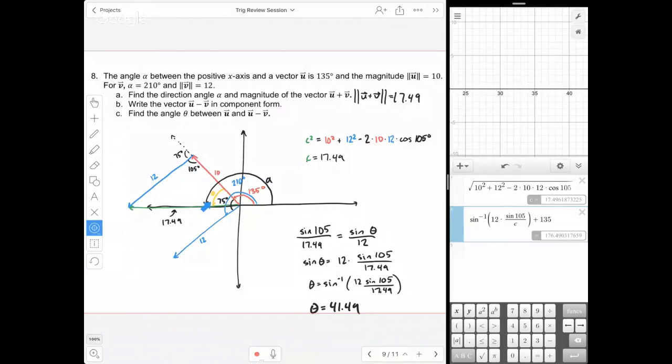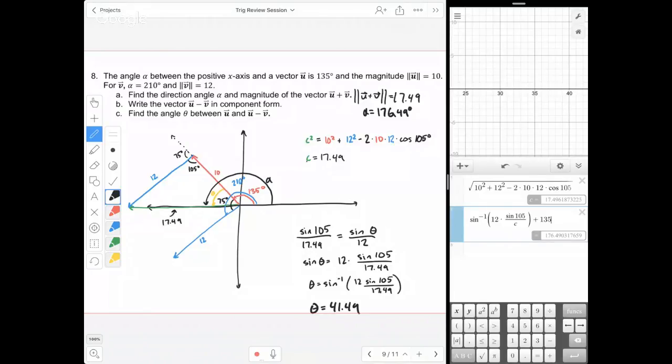It's going a little bit above that, 176 degrees. So alpha equals 176.49 degrees. That's the angle alpha between the x-axis and the resultant vector u plus v.